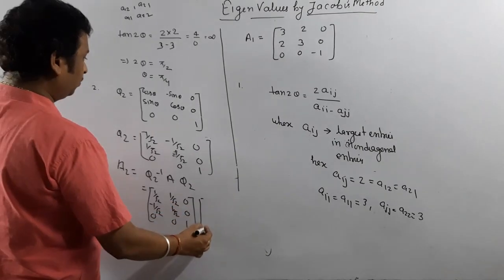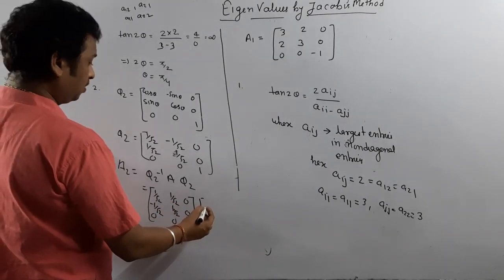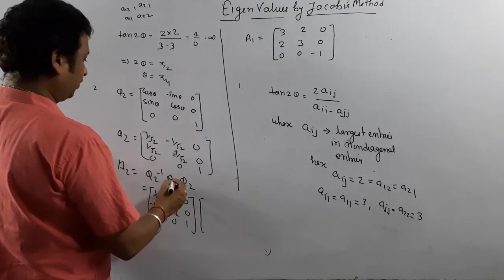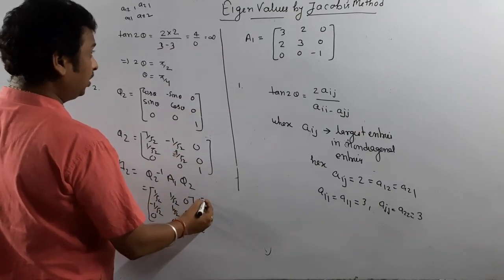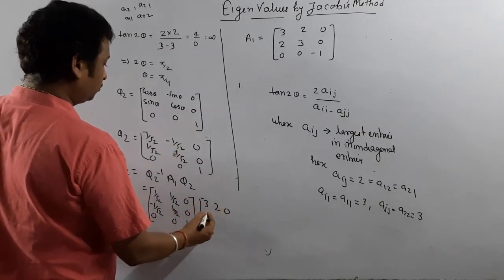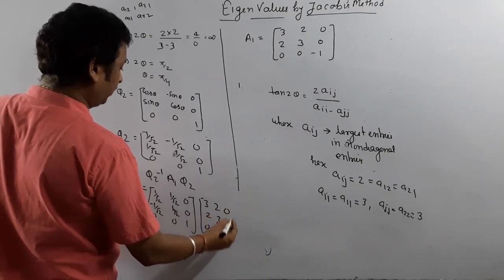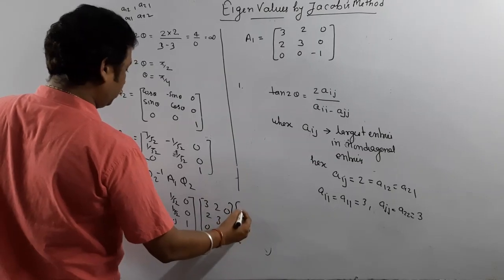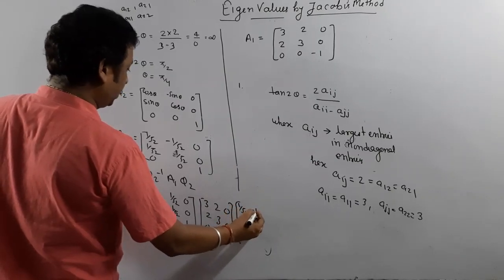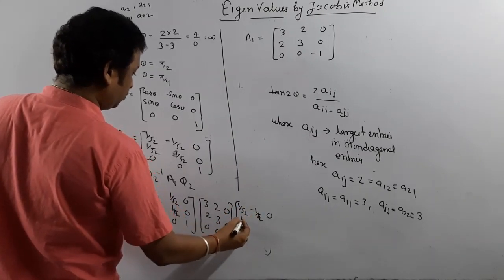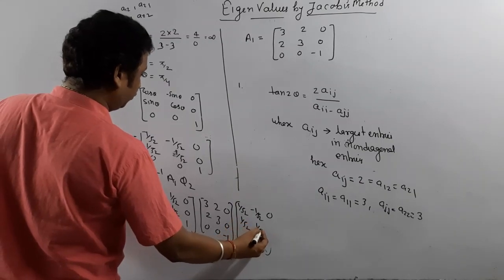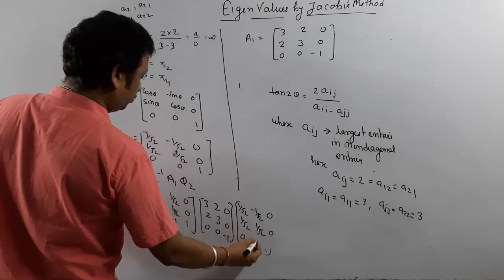What is the A value? A1, not A. What is A1? 3, 2, 0, 2, 3, 0, 0, 0, minus 1. Q2 is the same: 1 by root 2, minus 1 by root 2, 0, 1 by root 2, 1 by root 2, 0, 0, 0, 1.